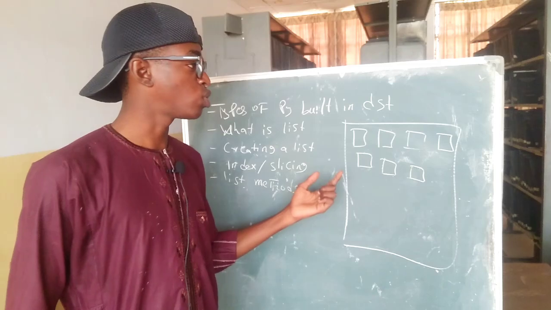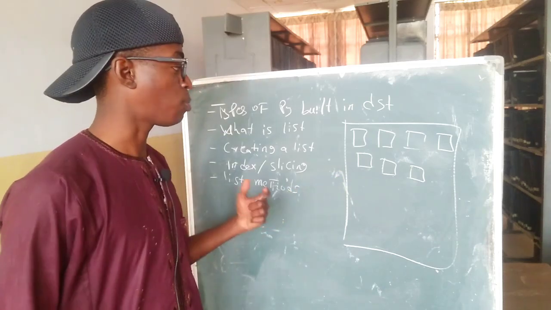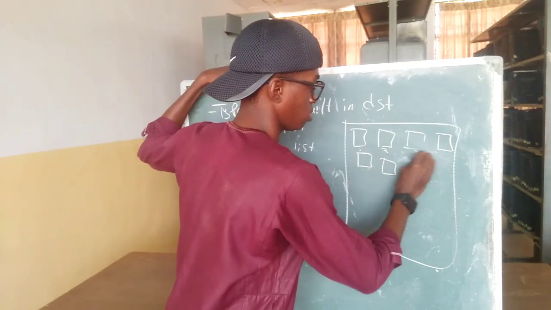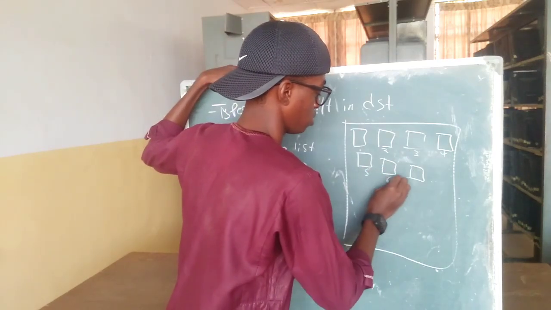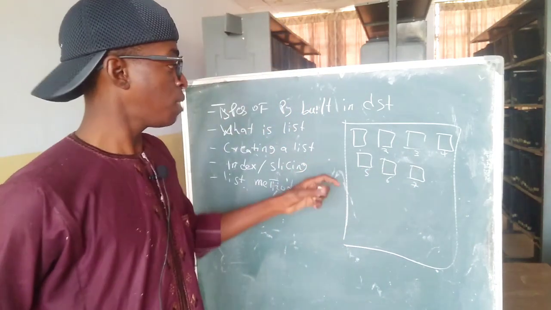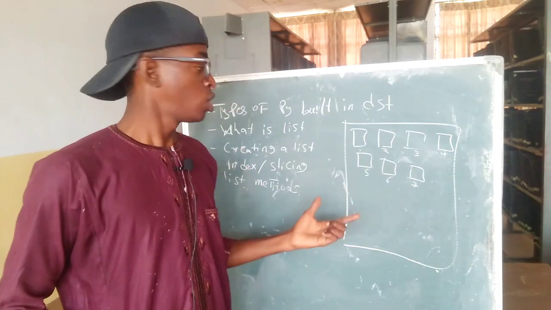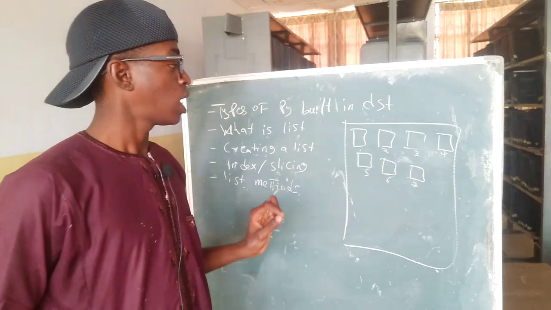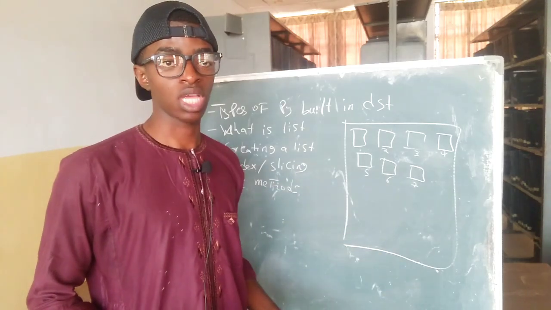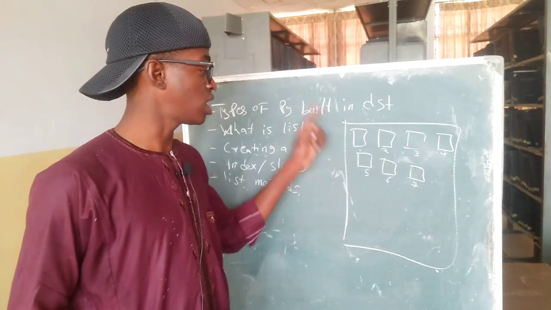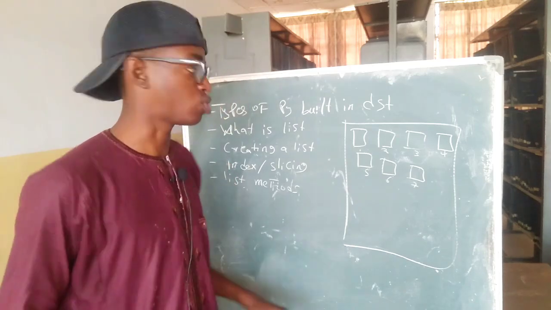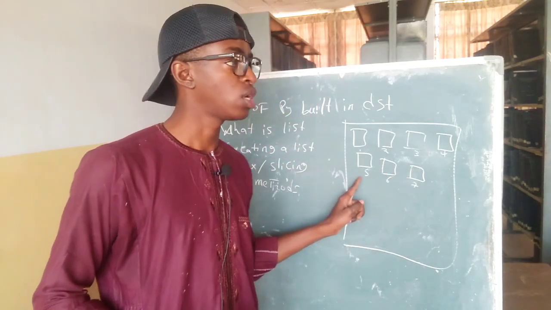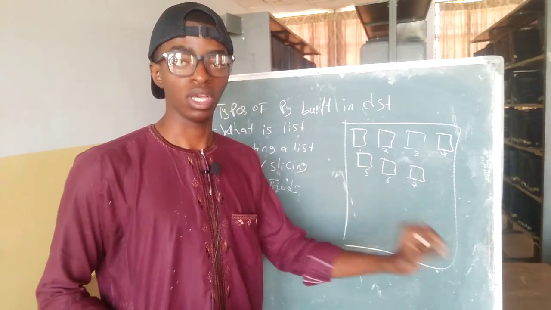Let me give them numbers. When I come to look for a specific one, I have to look for the number. For example, let's say I'm looking for item 5. I can easily go straight to 5. I don't have to start from the beginning. I can just go straight to 5 because I know where 5 is stored.